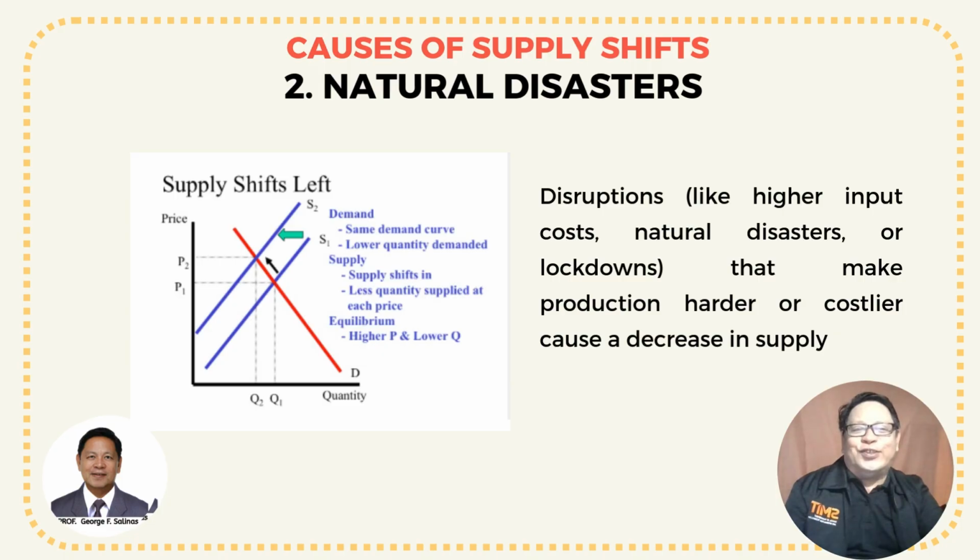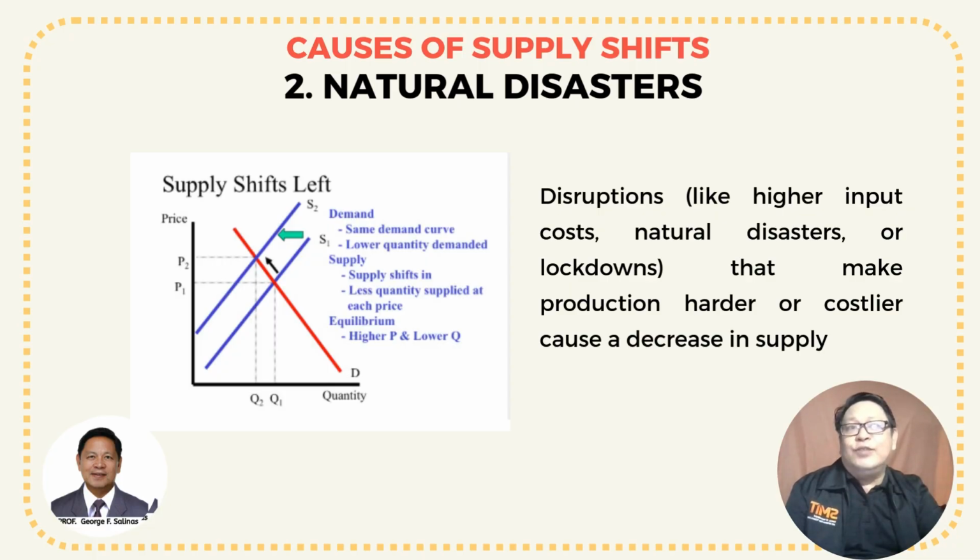Natural disasters cause the decrease in the supply, and disruptions like higher input costs, natural disasters, or lockdowns are just the examples that make production harder or costlier, and it causes a decrease in supply, thereby shifting the entire supply curve to the left, meaning it is less offered at every price, which is different from a mere change in quantity supplied due to a price change.